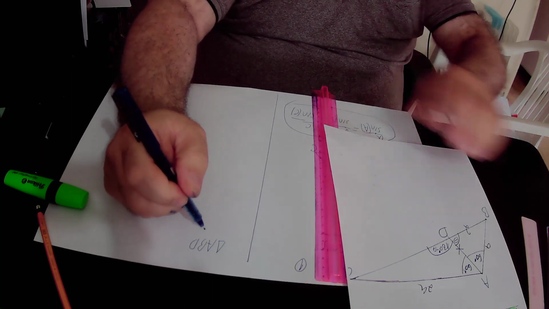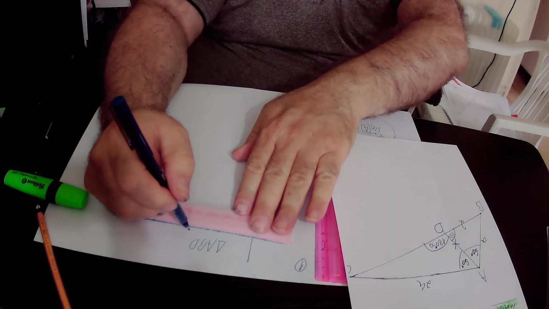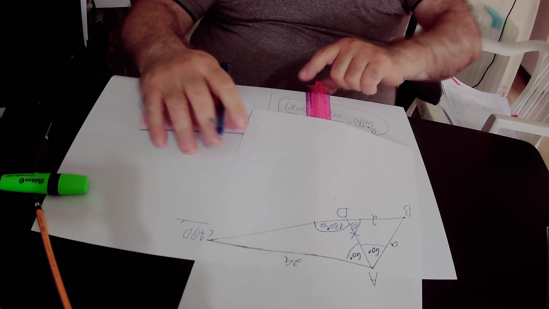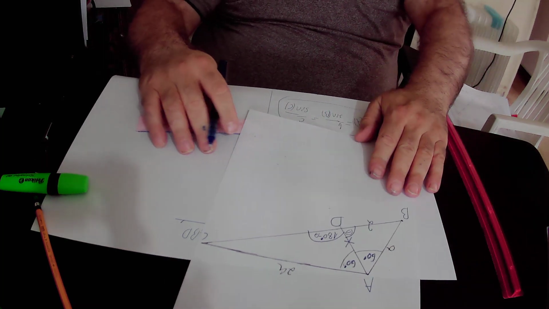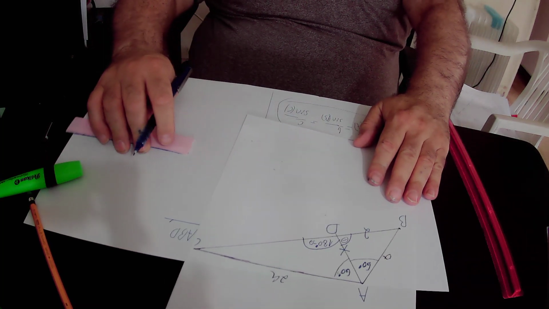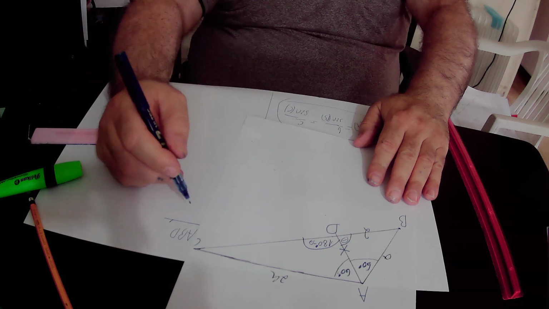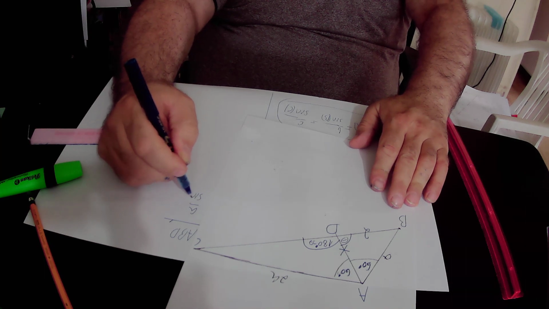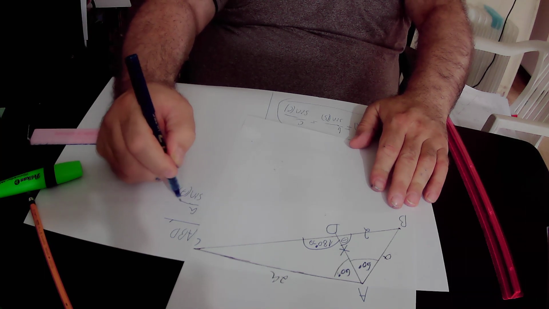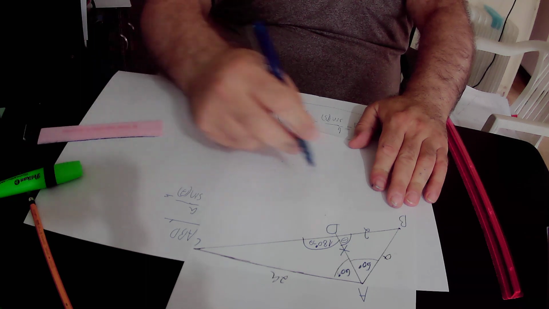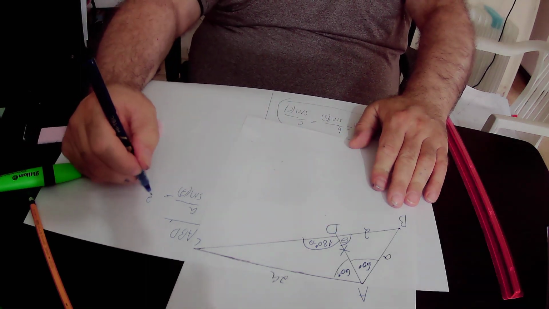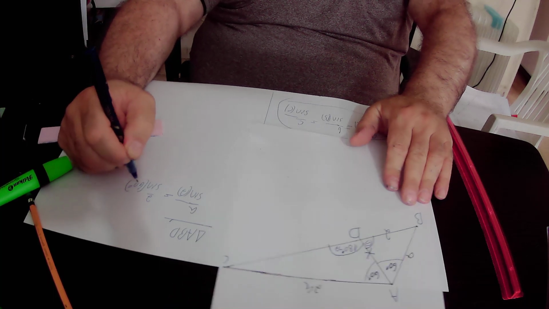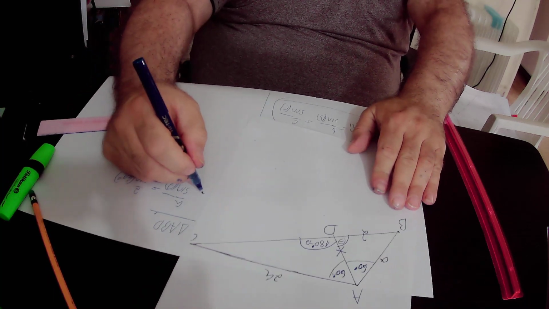In this triangle ABD, we get that A over sine theta equals 2 over sine 60 degrees. This is the implementation of the law of sines in this triangle ABD.